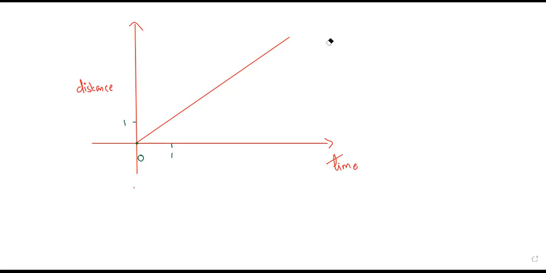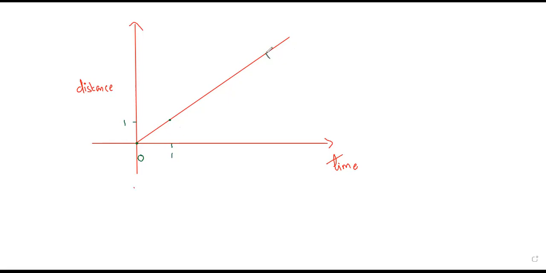That at time equals 1 second, the distance traveled is 1 meter or 1 kilometer, whatever the units are, right? So you have two things so far. You are able to find out the distance traveled in, let's say, 1 second, 2 seconds, 3 seconds. You can look at the time, you can look at the distance, but you have another thing as well that is not there apparently, but this is what we are going to talk about.